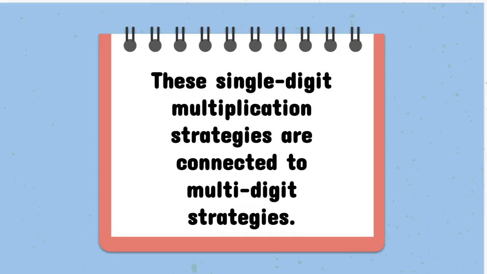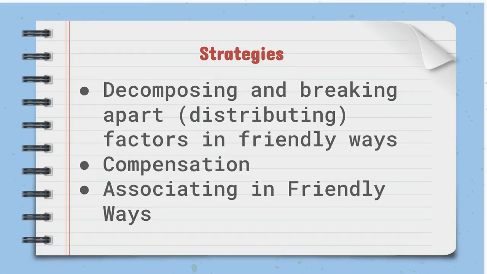So I want you to keep in mind that these single-digit multiplication strategies that we use when we learn basic facts are connected to the multi-digit strategies. Okay, so that's empowering, right? It's connected. These strategies that we use in single-digit multiplication include the distributive property, right? Just like we did, we decomposed those visuals and broke them apart in friendly ways, okay?